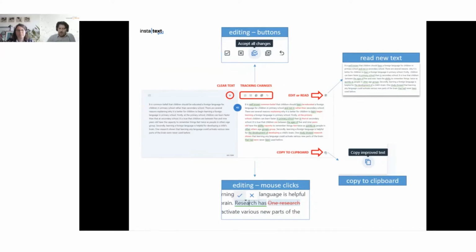You can also accept all remaining or reject all remaining suggestions and move on. You can read only the new version of the text and have the new words slightly highlighted, so you can pay attention to them. Or you can accept or reject suggestions with a mouse, where you can accept or reject a pair of suggestions.